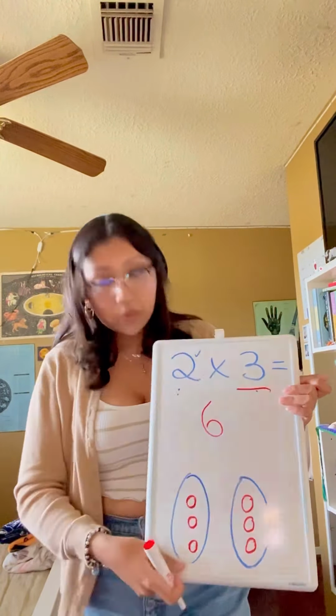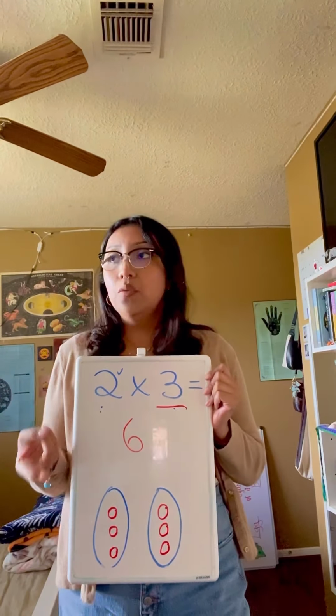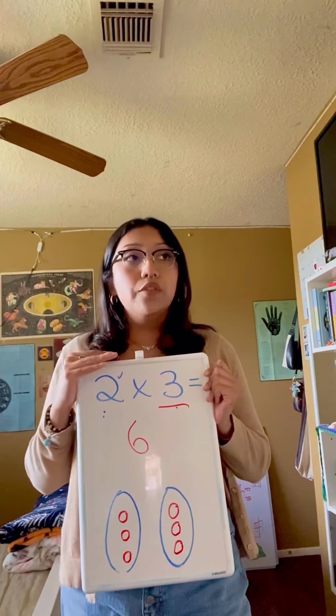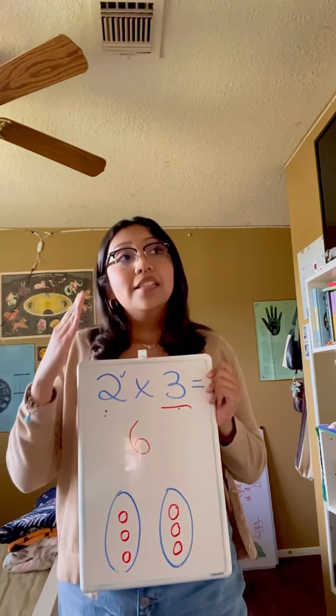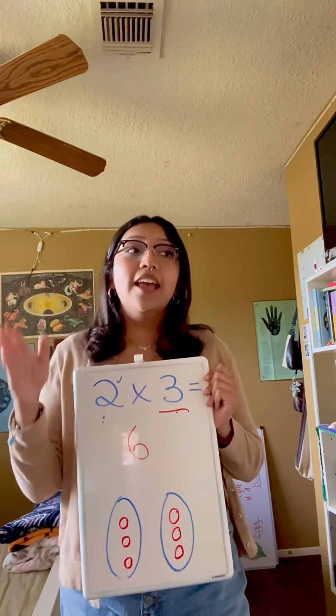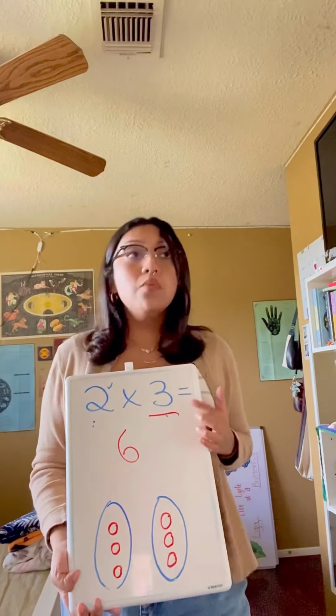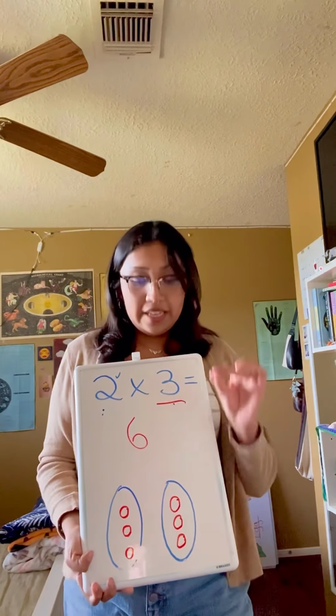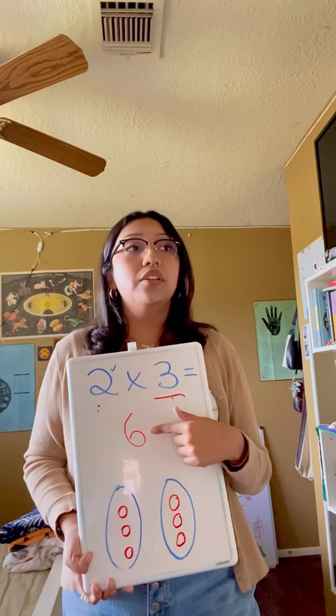Perfect. So the reason we say times whenever we see this symbol is to let the person know that we are multiplying right now. We're not adding, we're not subtracting, we are multiplying. So for example, if someone says 1 times 2, you know you're multiplying, right? Okay. And equal to is always talking about the answer, okay?